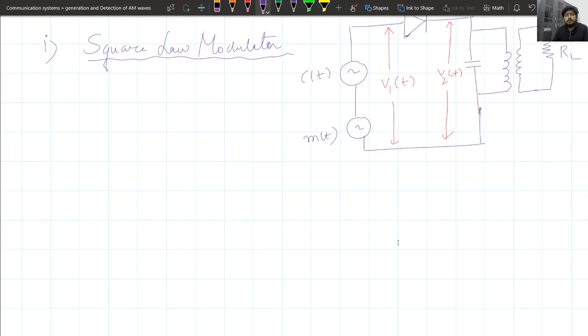As we know, for small voltage variations, the diode acts as a non-linear device. Suppose, so if we draw the IV characteristic of the diode, it is somewhat like this.